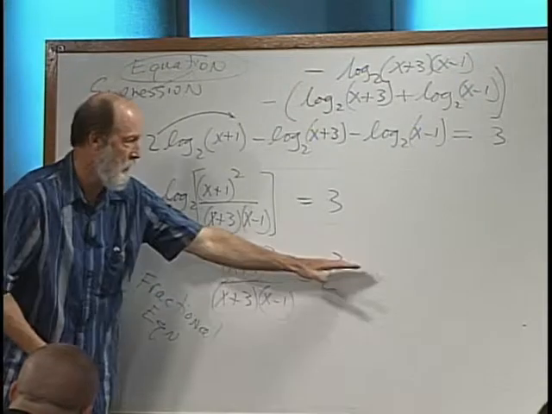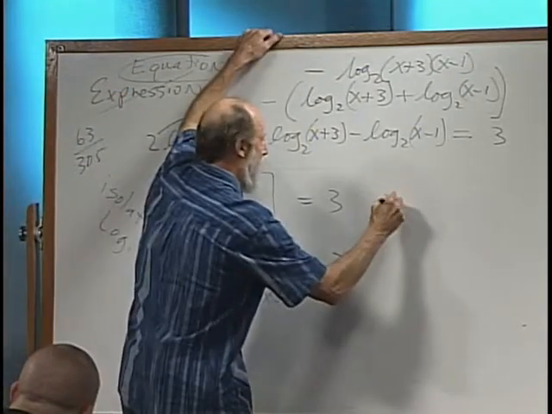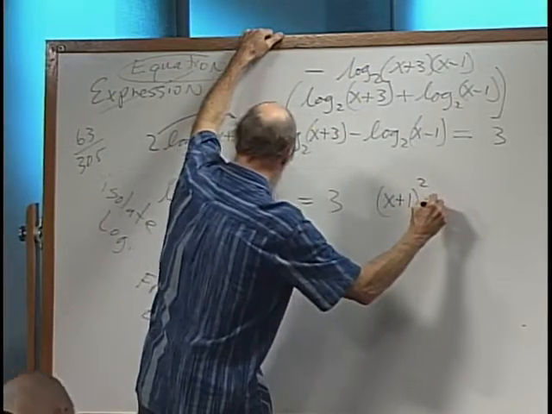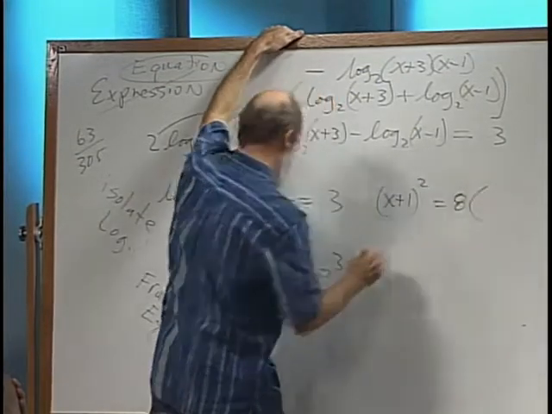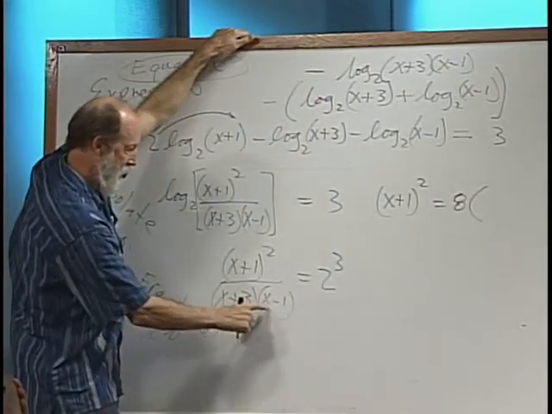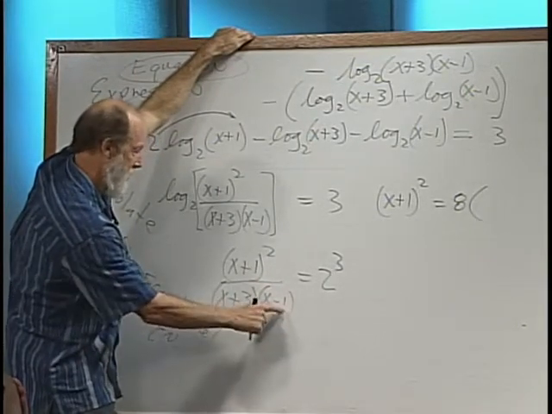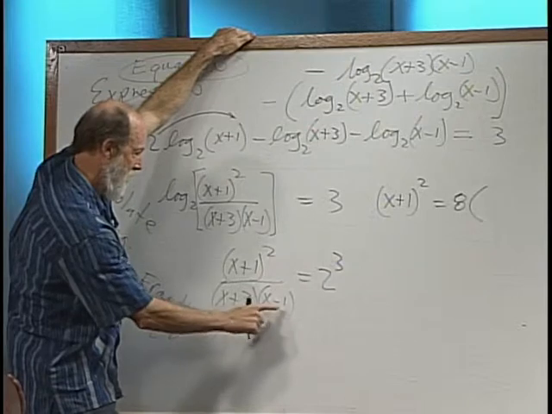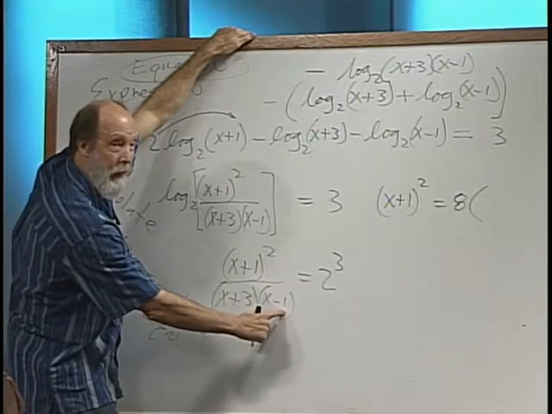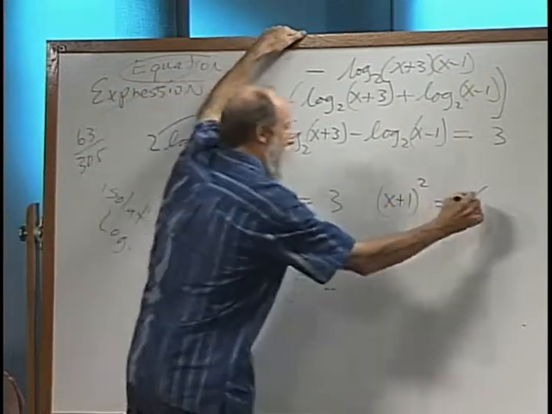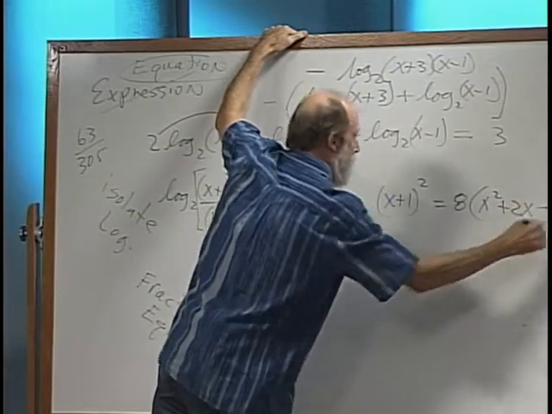So next step is that we get x plus 1 squared is equal to 2 cubed, which is 8, times x plus 3 times x minus 1. And we should be pretty quick multiplying that out. That's x squared, inside, outside is 2x, and the tail end term's negative 3. So we get x squared plus 2x minus 3.